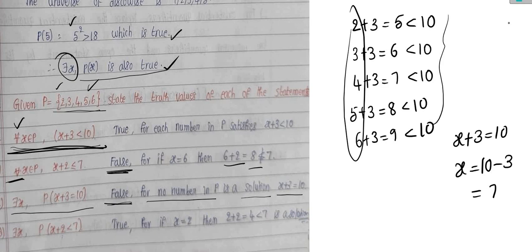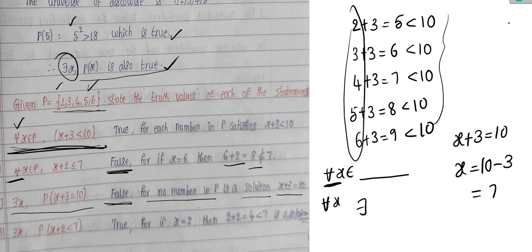Finally, I am telling you, if for all is there, the statement must be true in all cases. If for all is there and the statement fails at a single point, then the statement fails only.